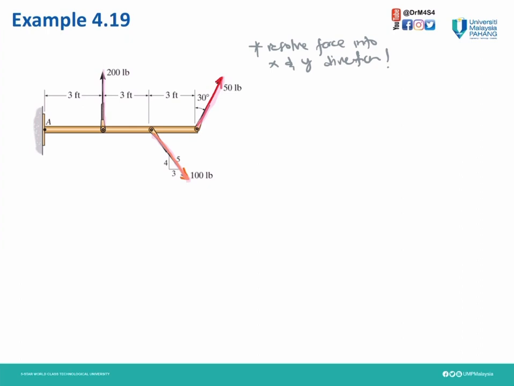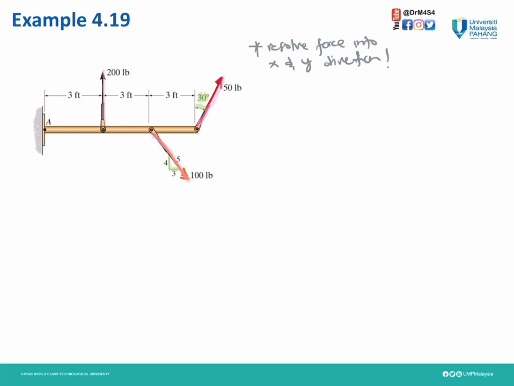For 50 pound, we have an angle given of 30 degrees, and for 100 pound, we have a gradient given, which is 3, 4 and 5. Therefore, to do the calculation, we need to resolve each force into x and y directions.